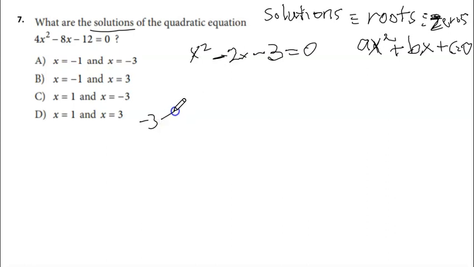Here, our 2 coefficients are what? We can have minus 3 and what? 1. These are the only 2 factors of minus 3, which when you add together will give you minus 2.